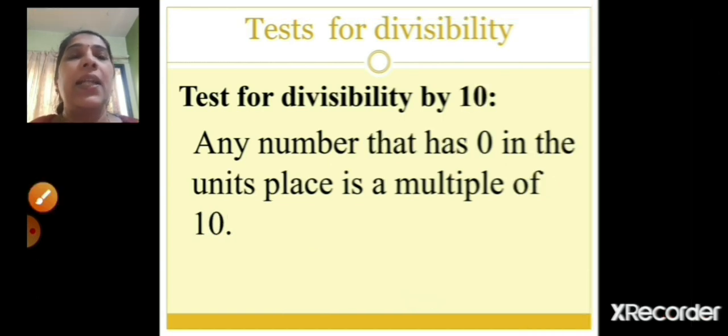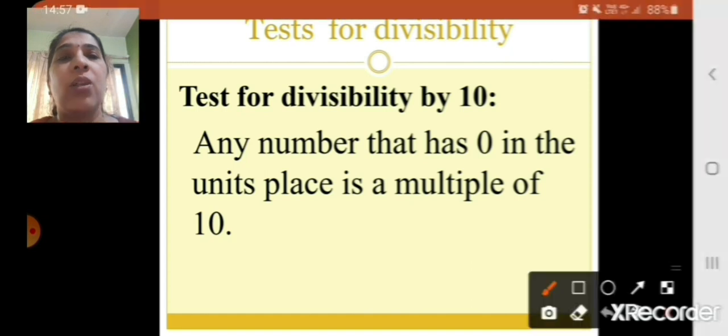Next one is the test for divisibility by 10. Any number that has 0 in the units place is a multiple of 10. So if you want to find out whether a number is divisible by 10, you see that the units place should be 0. As I told you, we have taken the example of 500, right?